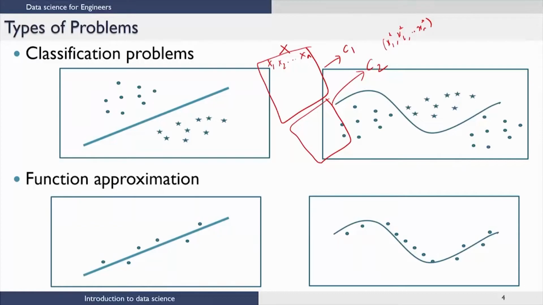Let us say if you assign the likelihood of this coming from class 1 as 0.9 and from class 2 as 0.1, then one would make the judgment that this data point is likely to belong to class 1.